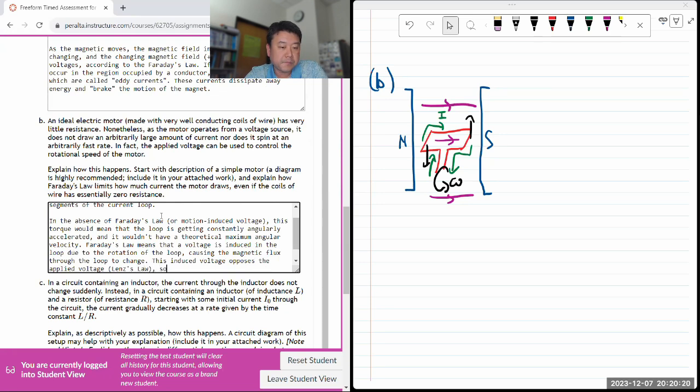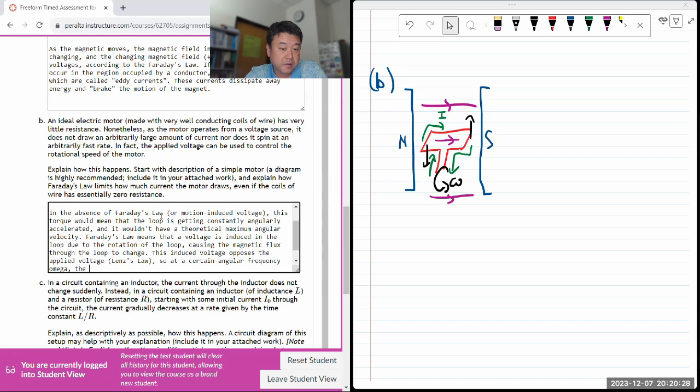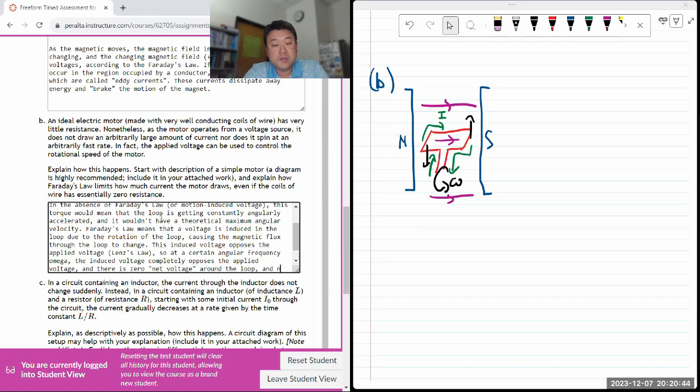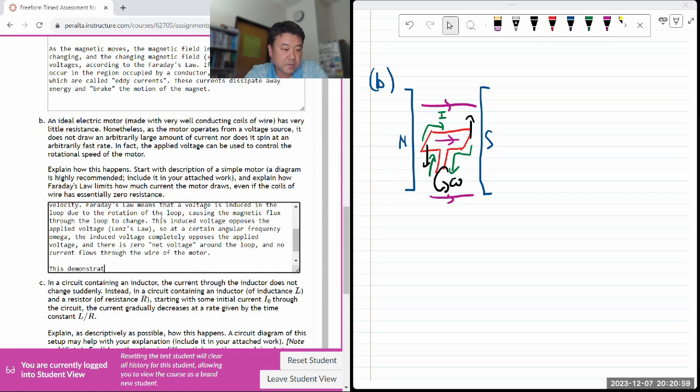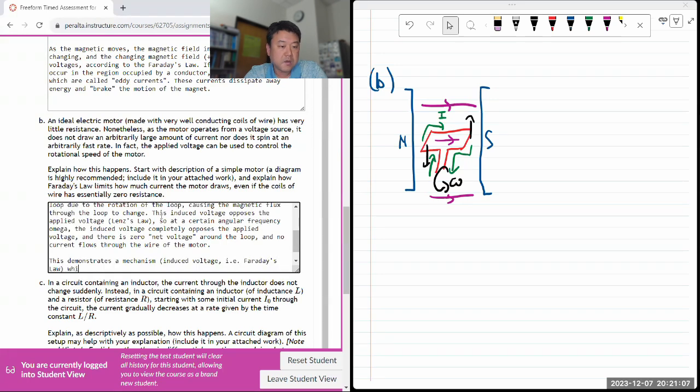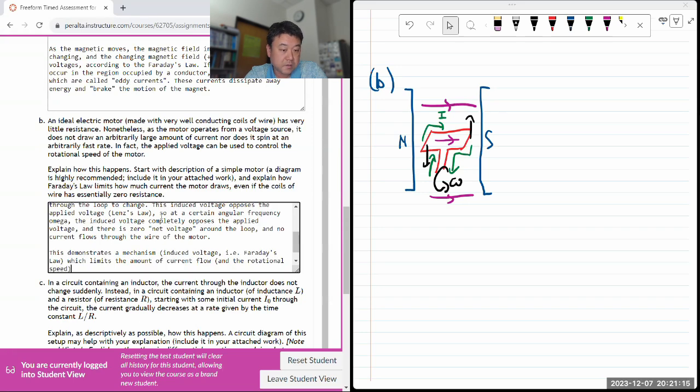So at a certain angular frequency omega, the induced voltage completely opposes the applied voltage, and there is zero net voltage around the loop, and no current flows through the wire of the motor. This demonstrates a mechanism, induced voltage, i.e. Faraday's law, which limits the amount of current flow and the rotational speed of a motor.